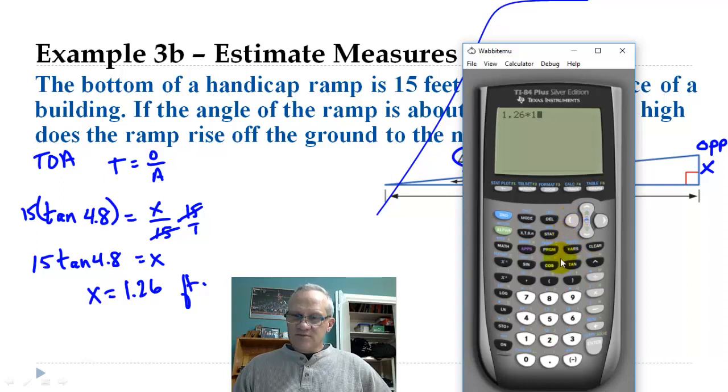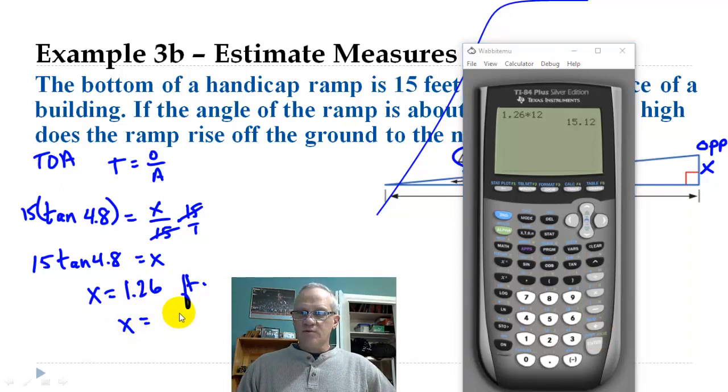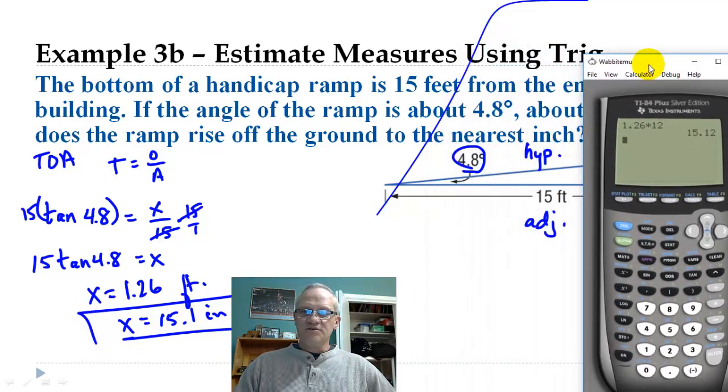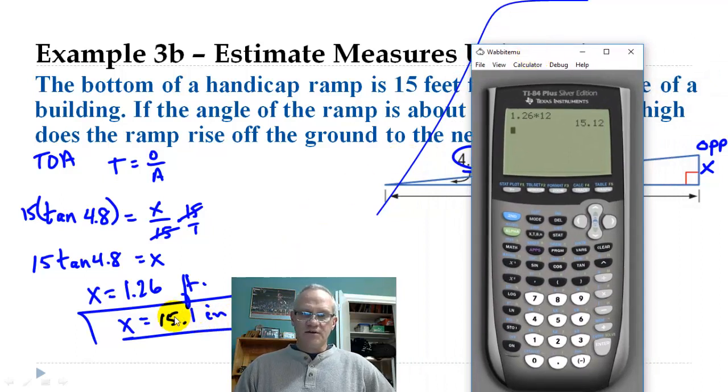I just can't seem to get that 2 button right there. There we go. So if it's 1.26 feet, x would be approximately 15.1 inches. It said nearest inch, I didn't see that, so about 15 if you go to the nearest whole inch.